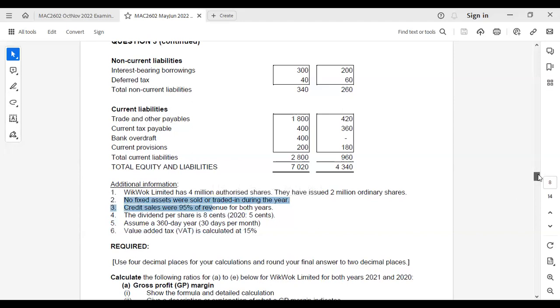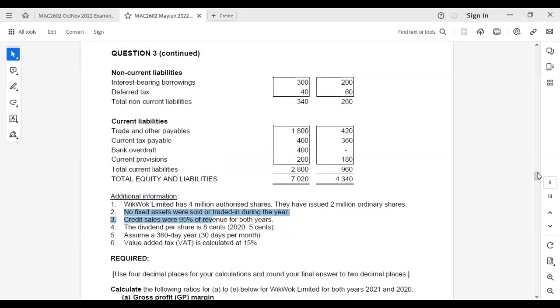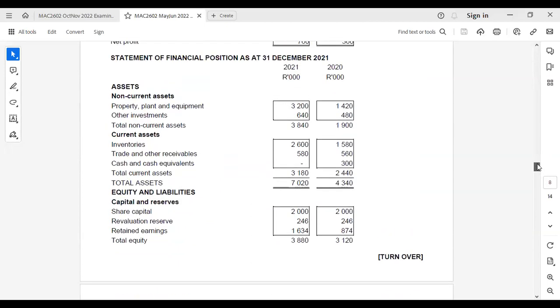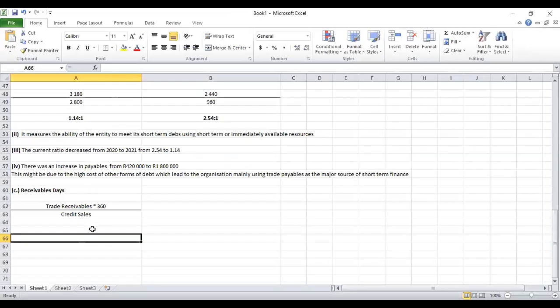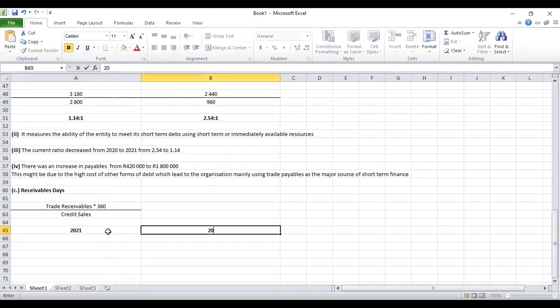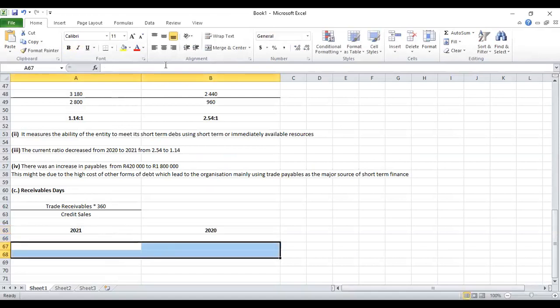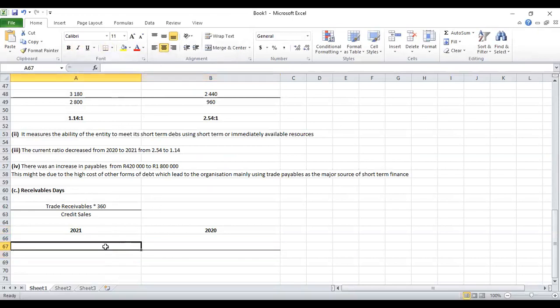Right, so our receivables we get from the current assets. These are our receivables here: 580 and 560. So we have 2021 and 2020.